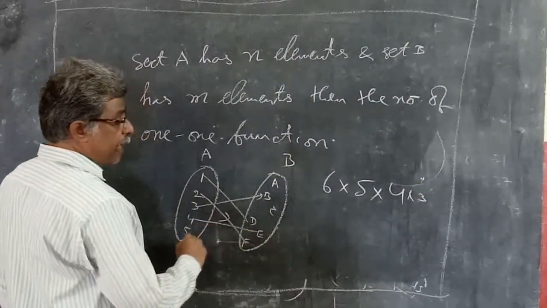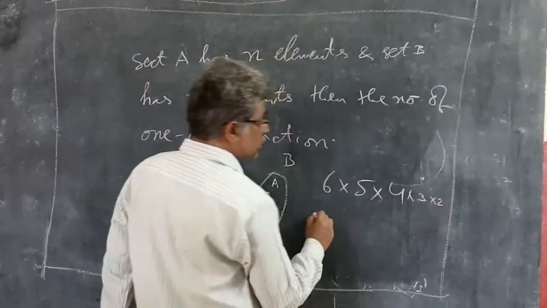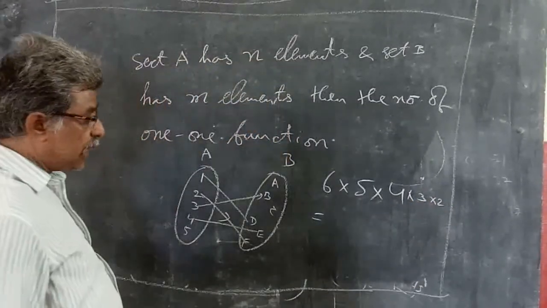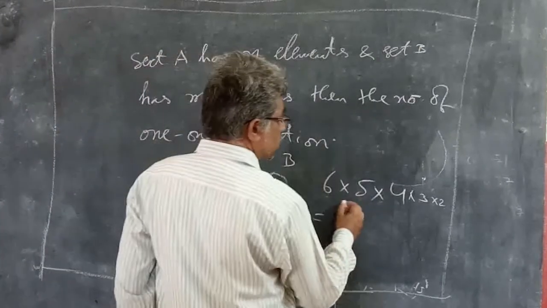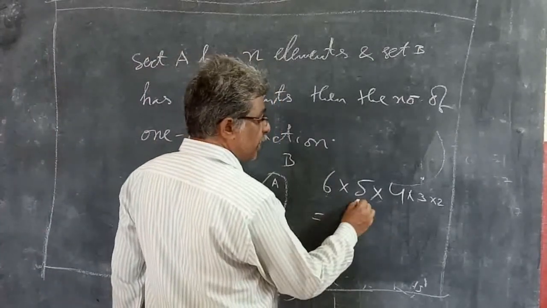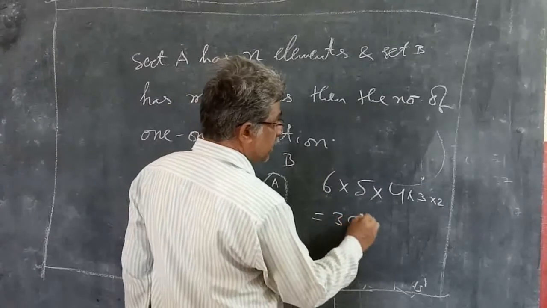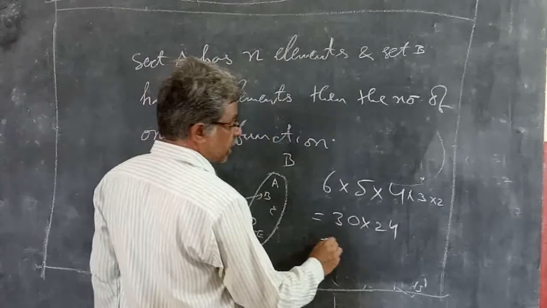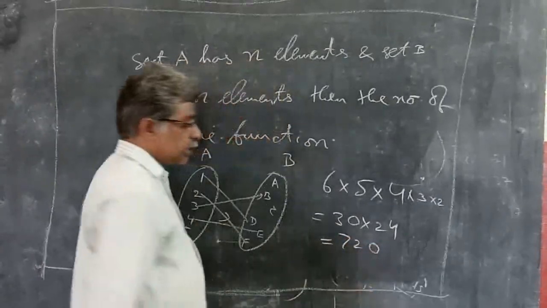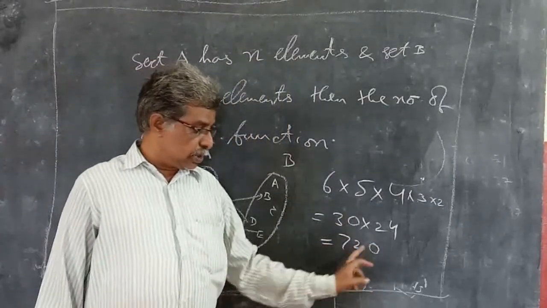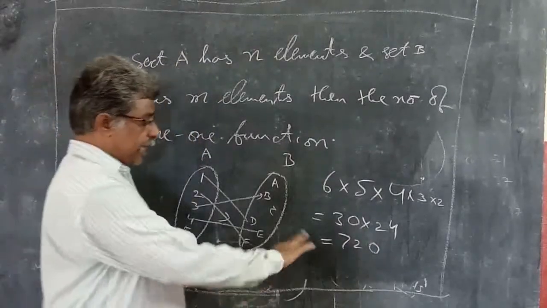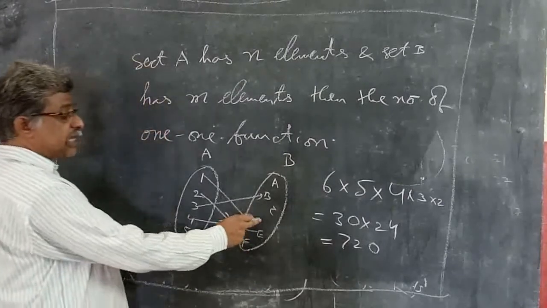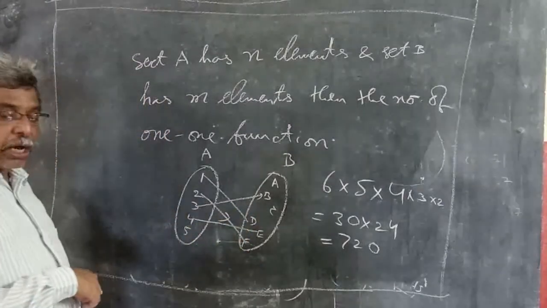And 5 can be mapped to the remaining 2. Means 6 into 5 into 4 into 3 into 2 is nothing but how much? 6 into 5, 30. 30 into 4 is 120, into 3 is 360, into 2 is 720. That many ways you can map.